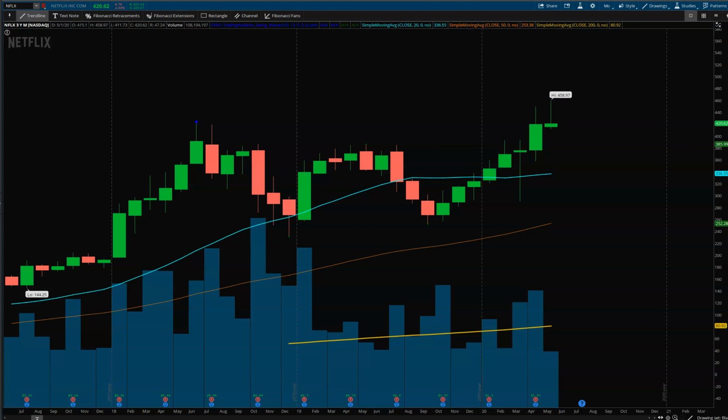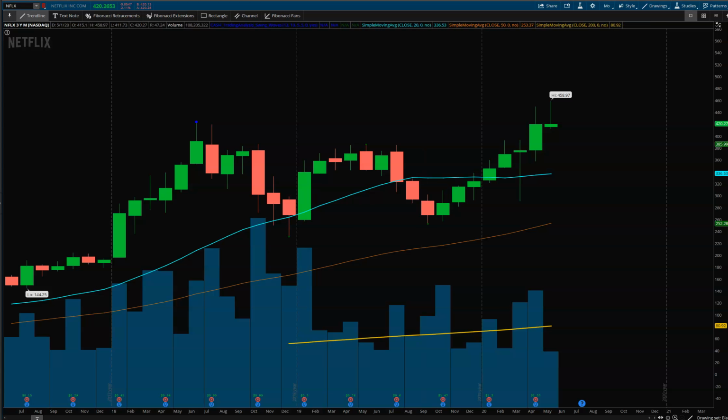One thing we also want to highlight is how we first look at a chart. One of the things we try to do first is identify some type of support and resistance. So what is support and what is resistance?